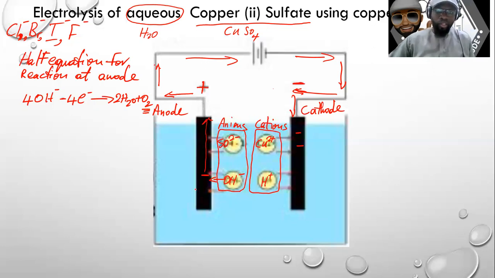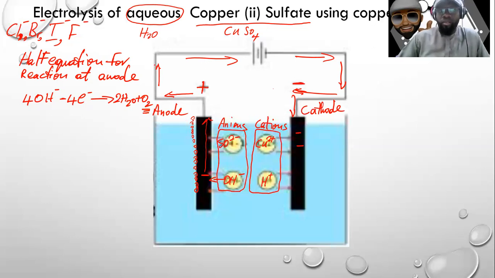At the surface of your anode, you will see bubbles of oxygen gas being formed, and that oxygen gas will rise to the surface and escape into the atmosphere.